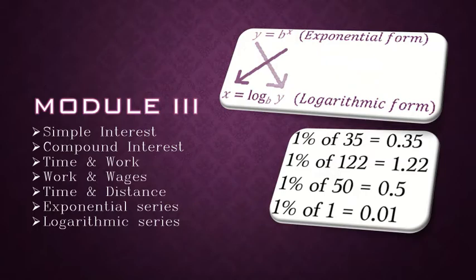The interest charged is applicable to the principal amount. Next is time and work. It deals with the simultaneous performance involving the efficiency of an individual or a group and the time taken by them to complete a piece of work.